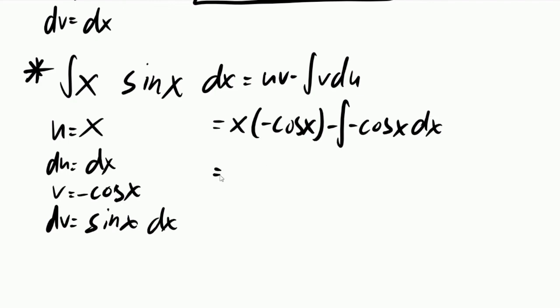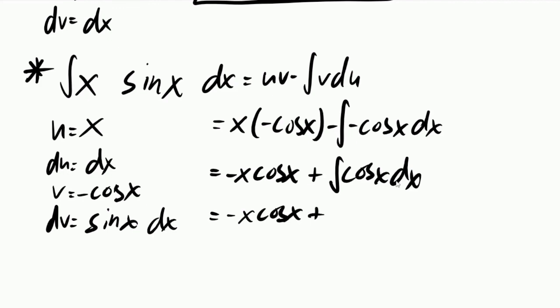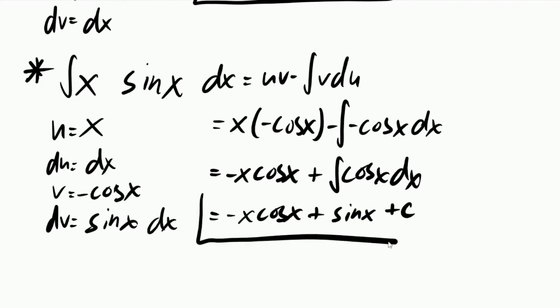First simplify the uv, that is negative x cosine x, and then bring out the negative sign, multiply with the negative sign, that is positive, and then the integral of cosine x dx. We have nothing to do here, so we'll find the integral of this term. Just copy, plus the integral of cosine x dx is sine x, plus c. And this is the final answer.